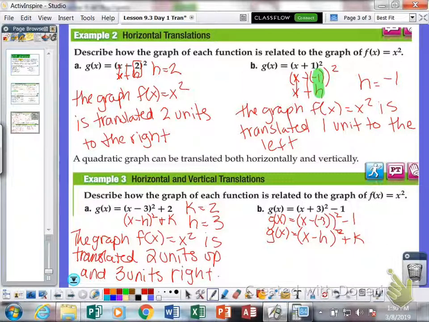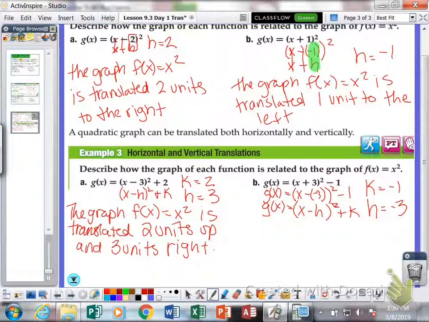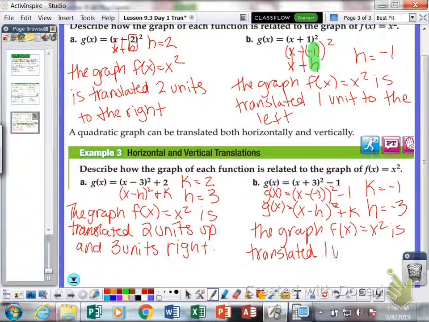So our k is equal to negative 1, and our h is equal to negative 3. So then we say that the graph of f of x equals x squared is translated 1 unit down and 3 units to the left.